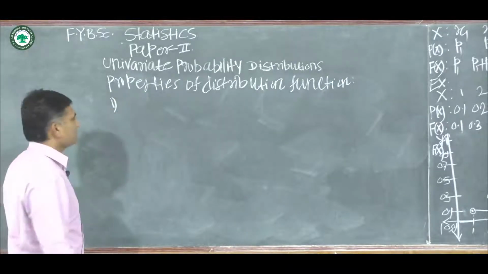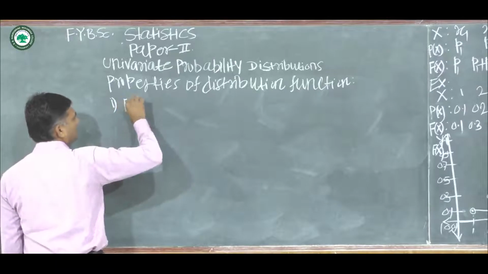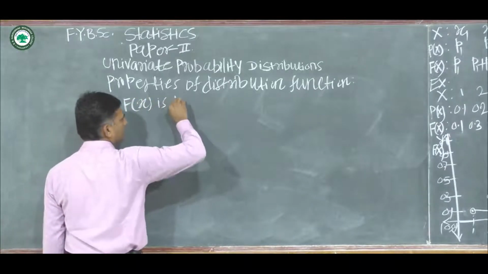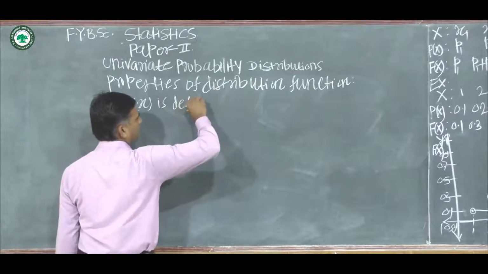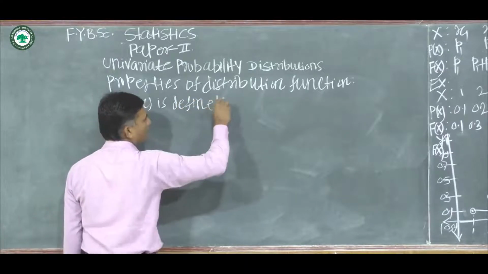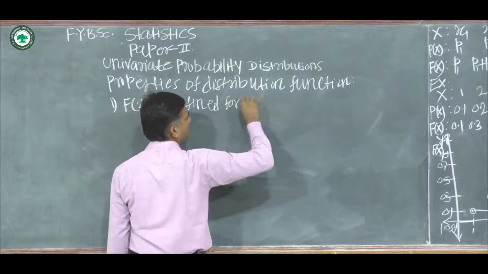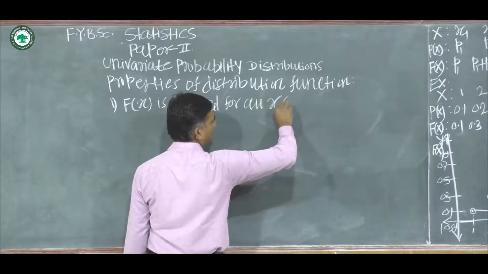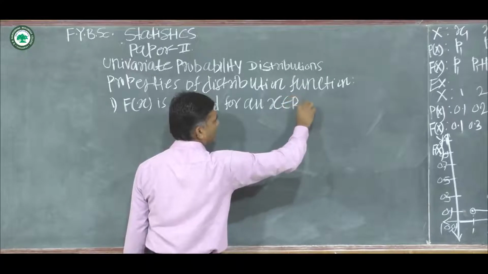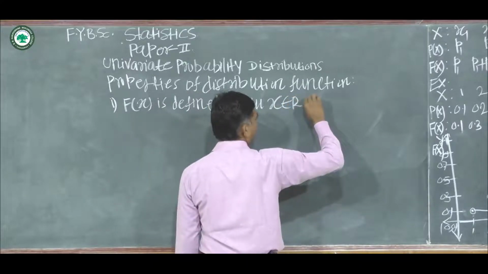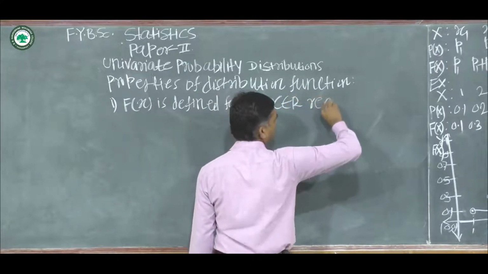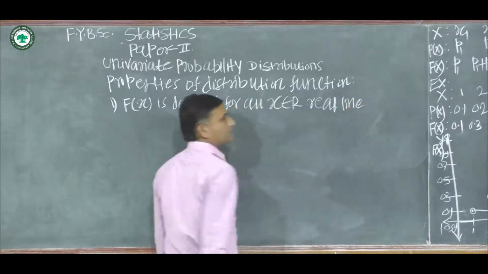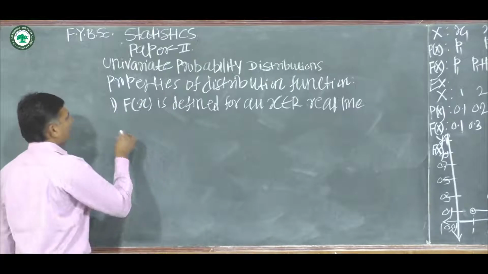First property is capital F of x is defined for all x belongs to capital R. R is the real line. This is the first property.